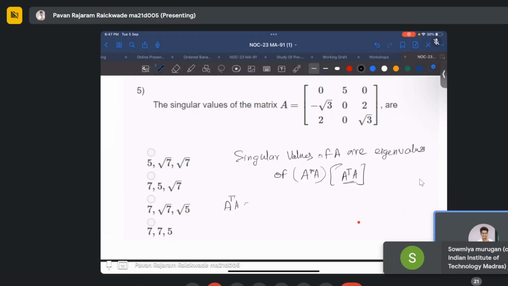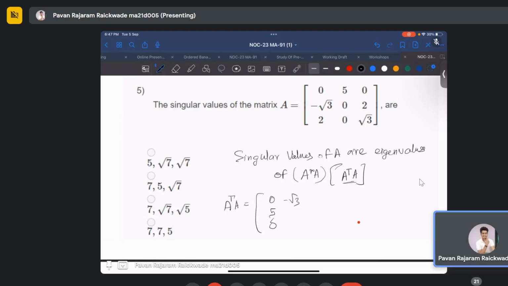A transpose A: 0 5 0, minus 2 3 0 2, then 2 0 root 3, then the matrix A.